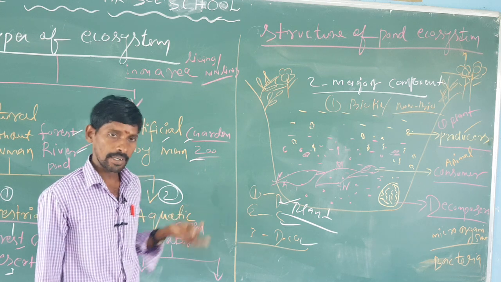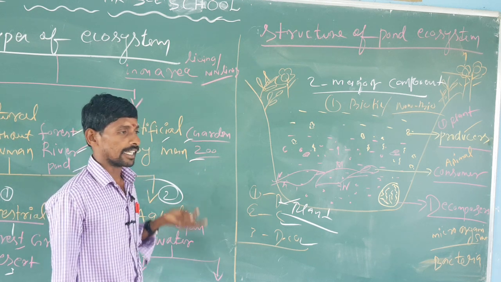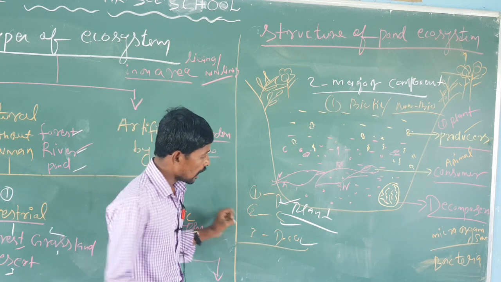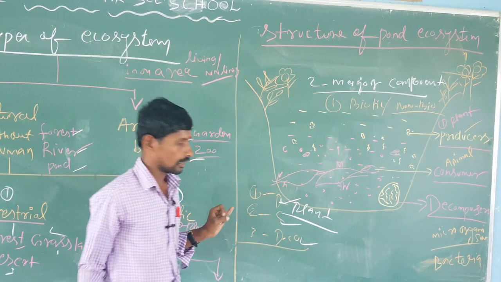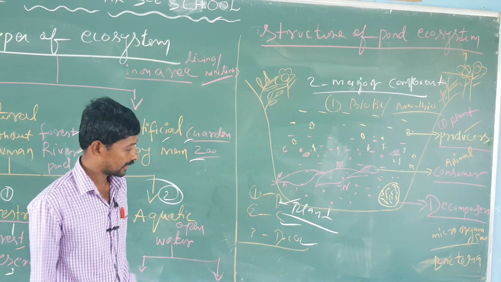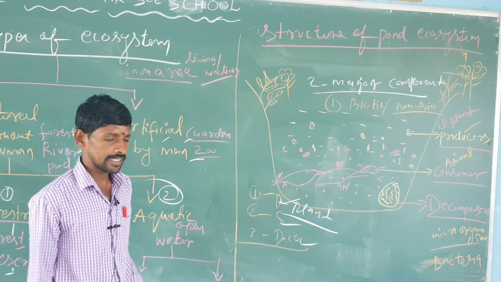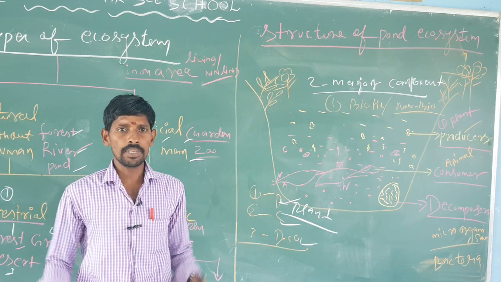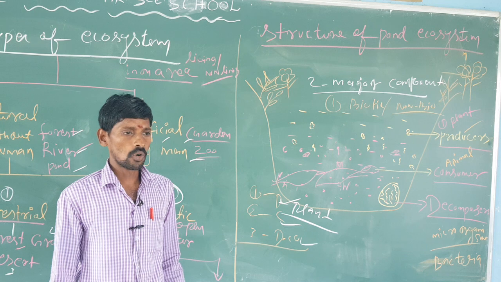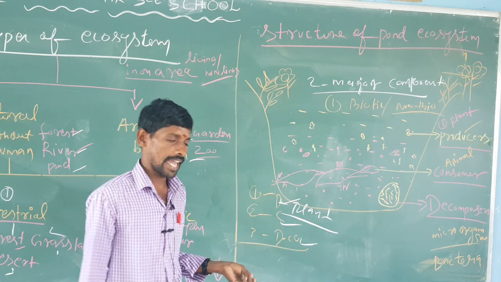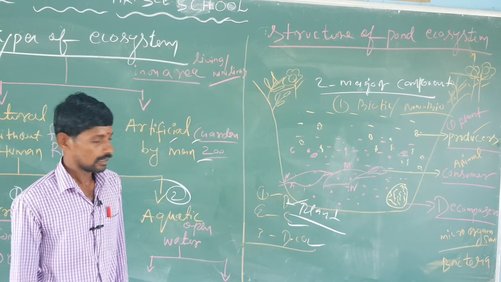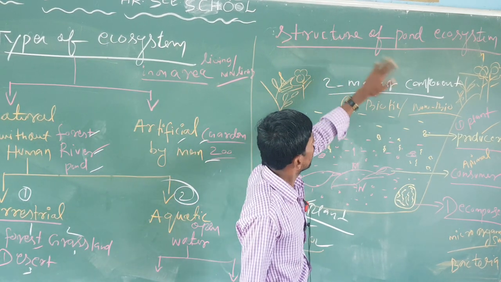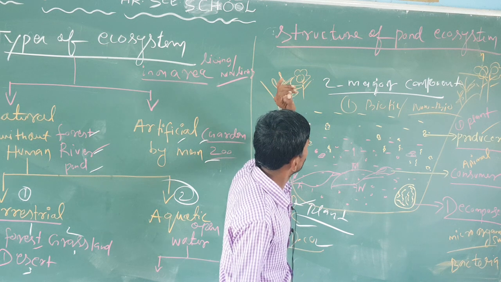Plants and animals. The dead organisms are decomposed by bacteria, fungi, and actinomycetes. Decomposers break the complex structure down into a simple structure. They are microorganisms: bacteria, fungi, and actinomycetes. These make up the entire pond ecosystem.